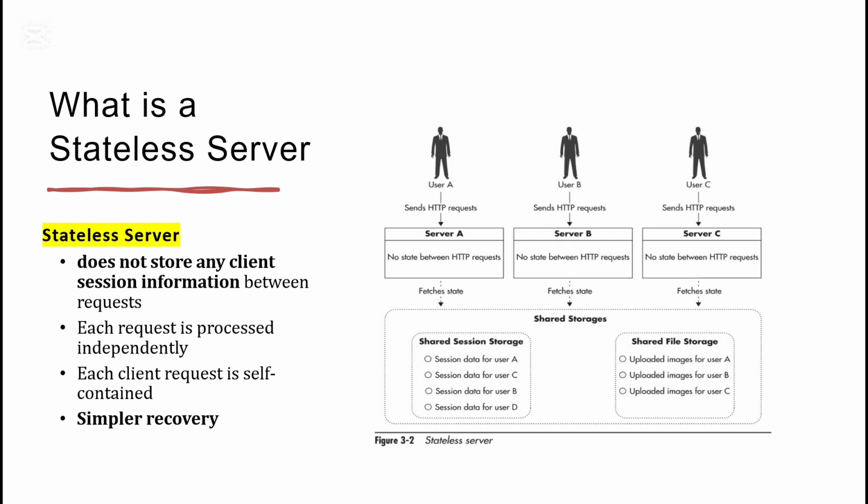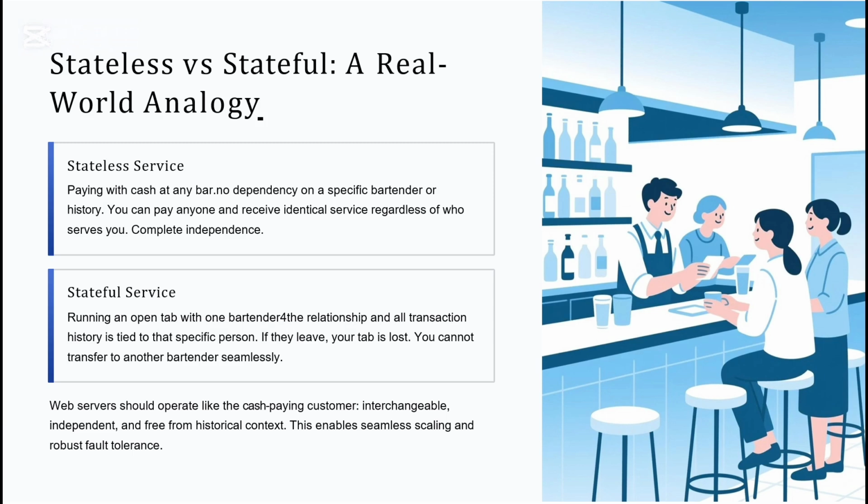While this might seem convenient, it creates a massive scaling problem because the user's session is physically tied to a specific server. Adding more servers just creates more silos of unique session data, leading to load balancing complexity and single points of failure. This is why, for modern high availability web servers, we strive for stateless architecture.